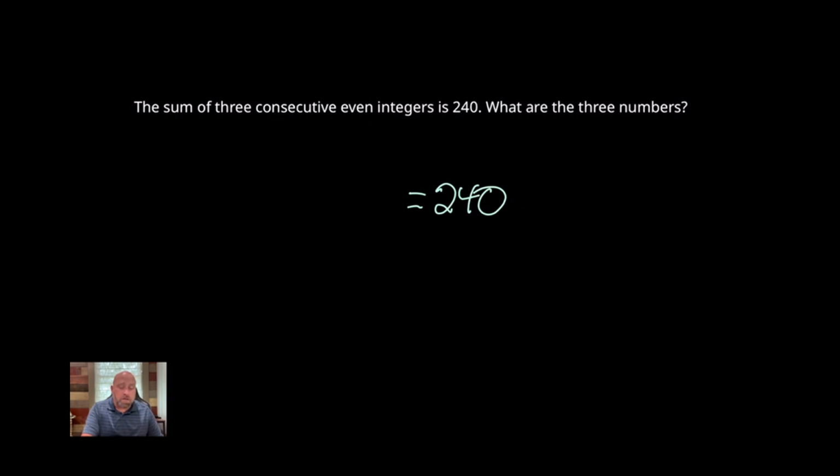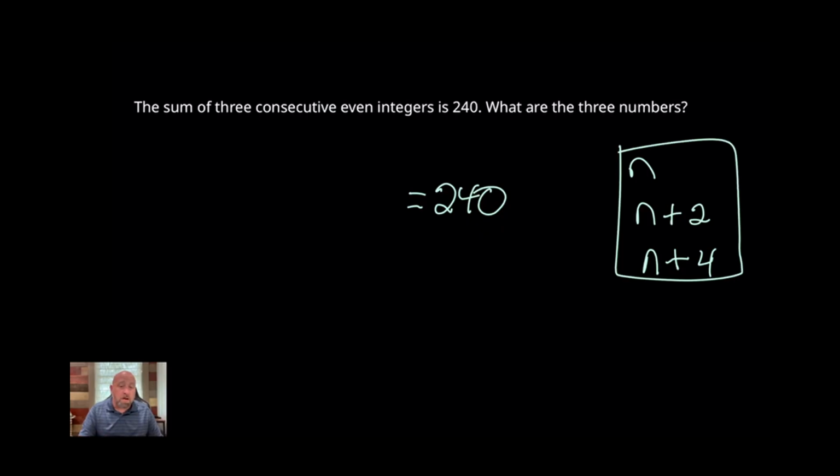So the first one is going to be n for our number. The next one is going to be n plus 2. Why not, if they're consecutive, why not n plus 1? Because they're consecutive even, because 2, 4, 6, 8, those are even, and you go up by 2 every time. So n plus 2, and then n plus 4 would be the next one.